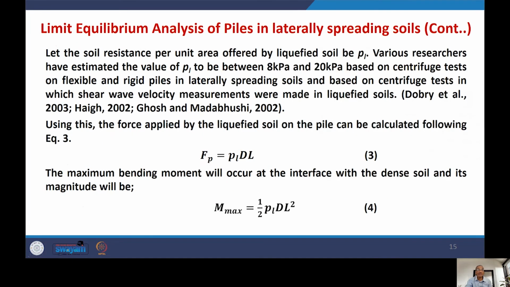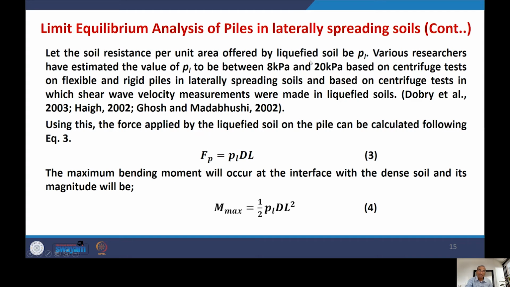So let's have some formulations. Let the soil resistance per unit area offered by liquefied soil be PL. Various researchers have estimated the value of PL to be between 8 kilopascal and 20 kilopascal, based on centrifuge tests on flexible and rigid piles in laterally spreading soils, and based on shear velocity measurements made in liquefied soil.